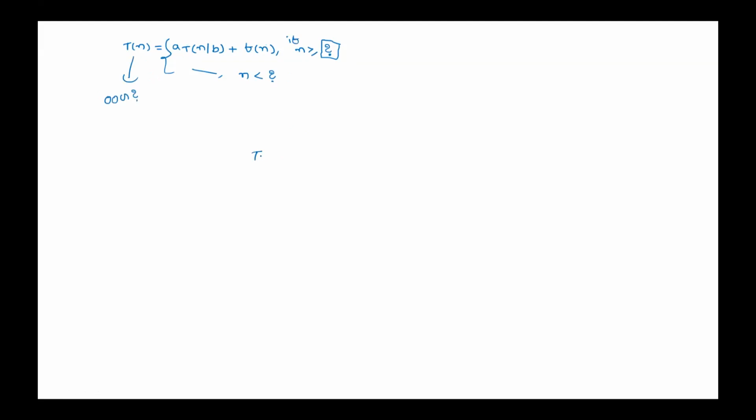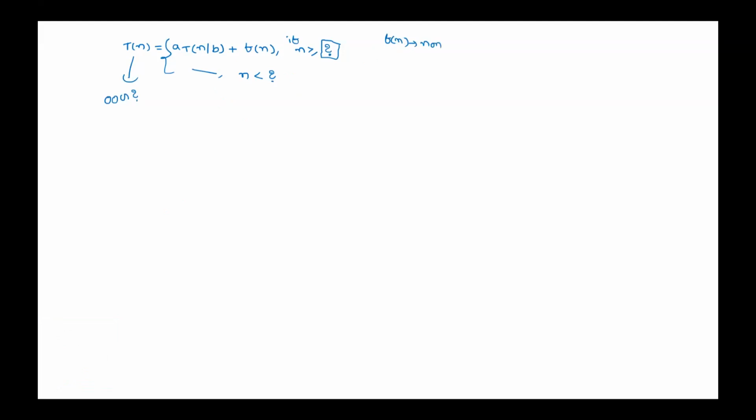Now let us see. T of n is given. What can you say about the value of f of n? Can f of n be negative? No, sir. So it is a non-negative function. Why?